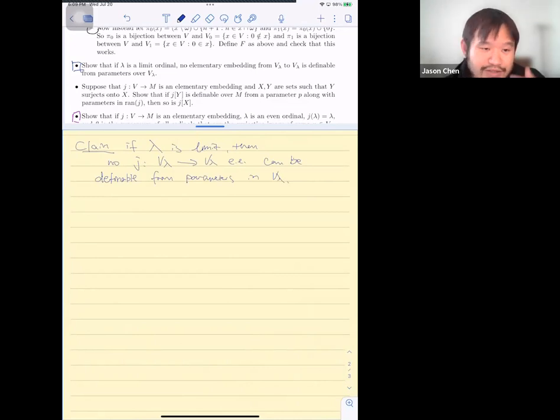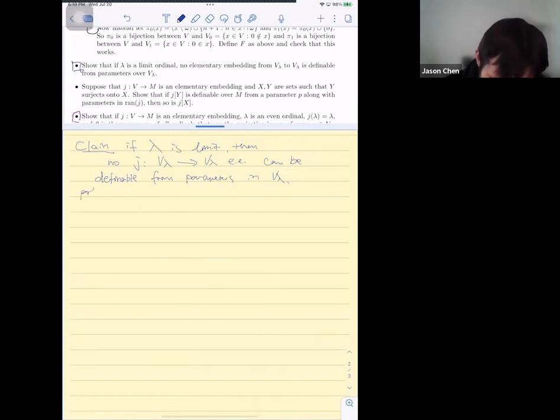This is very much like the Suzuki theorem that says no elementary embedding from V to V can be definable from parameters in V. Want to do something very similar, and that is to look at all the possible elementary embeddings that could be defined using all kinds of parameters. So, proof.